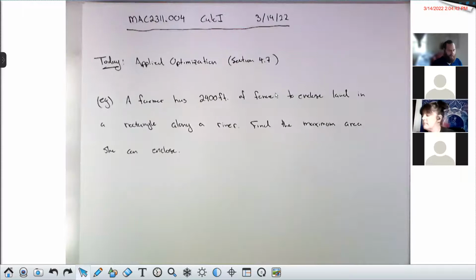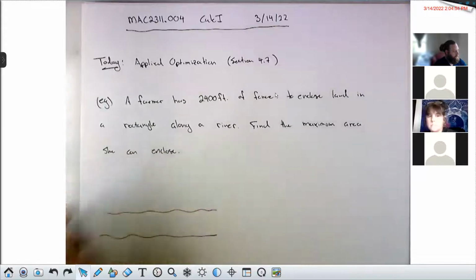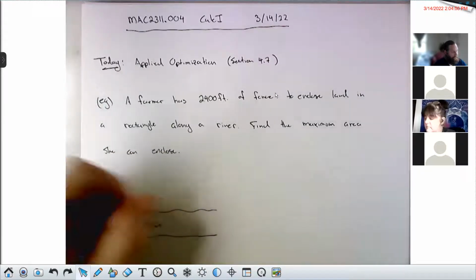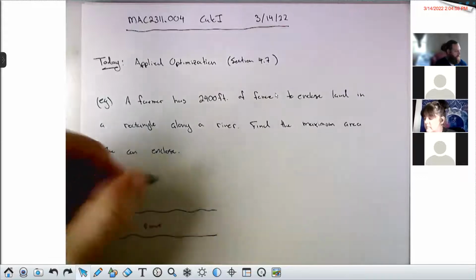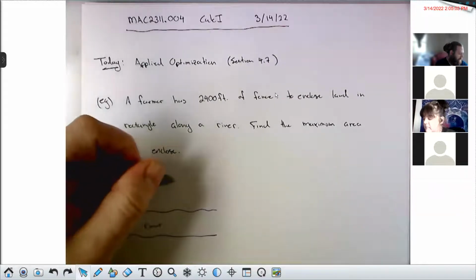As you may have seen there, the textbook suggests, and I agree with this, the first thing you should do with these problems is draw a picture, just like with related rates. So here's my river. And I'm trying to enclose some land over here in the shape of a rectangle.